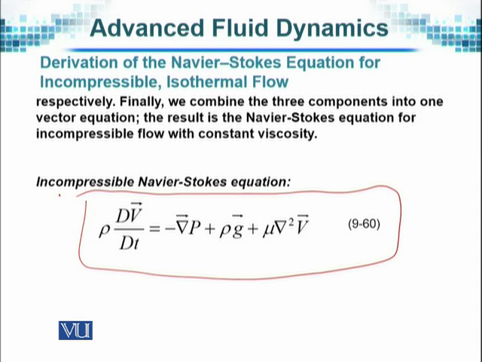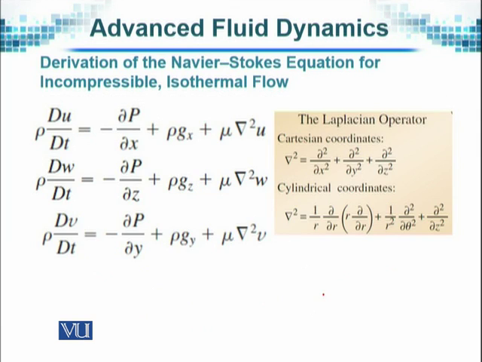A very important form, and sometimes this is also written as dV by dt plus 1 over rho into all these three terms that are there. So these terms are written, this is known as the Navier-Stokes equation, the all-important equations for considering fluid flow motion.